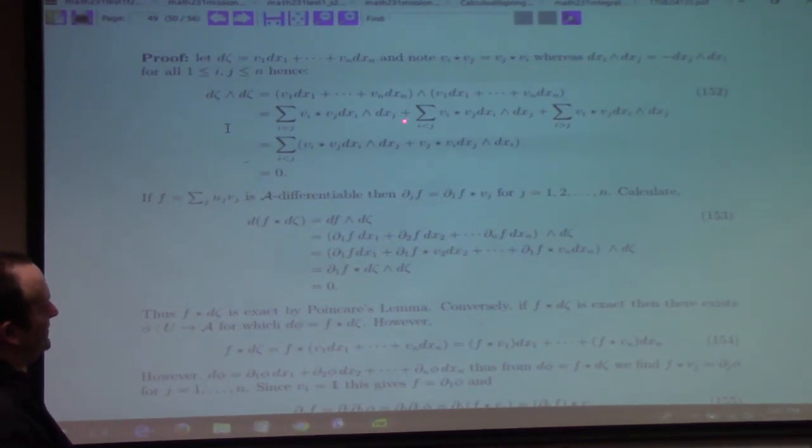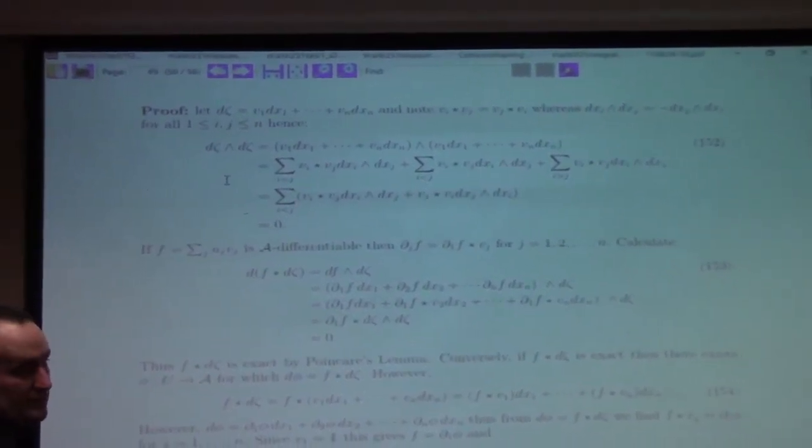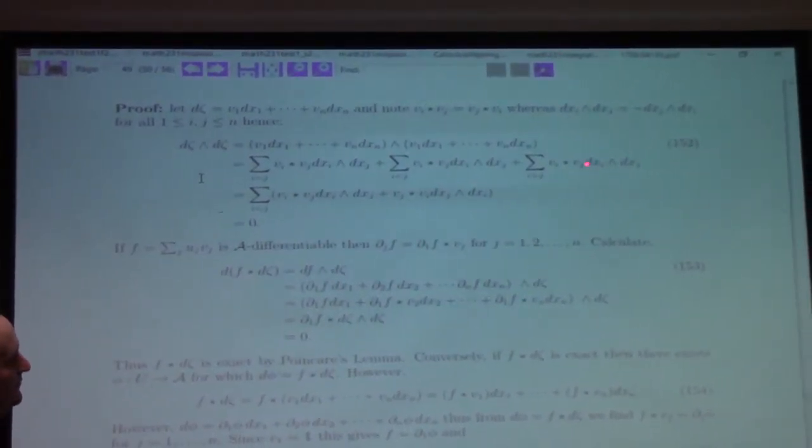And either the indices are equal, so that just drops out, right? i equals j means that this wedge product's gone. And over here, I can rewrite these to make i less than j for both. And when I do that, because I'm assuming a commutative algebra here, this is where I need commutative, these actually end up being minus each other, and so they cancel out.